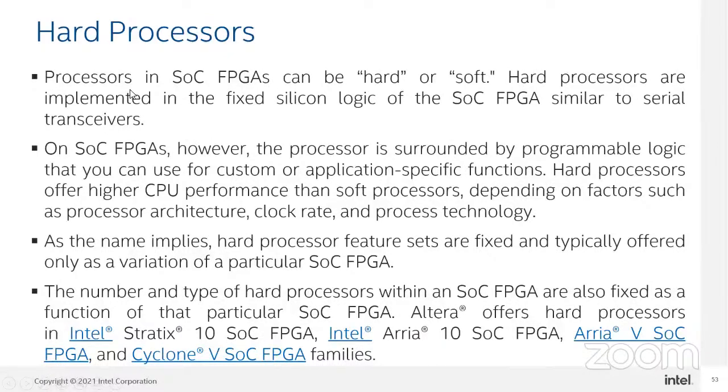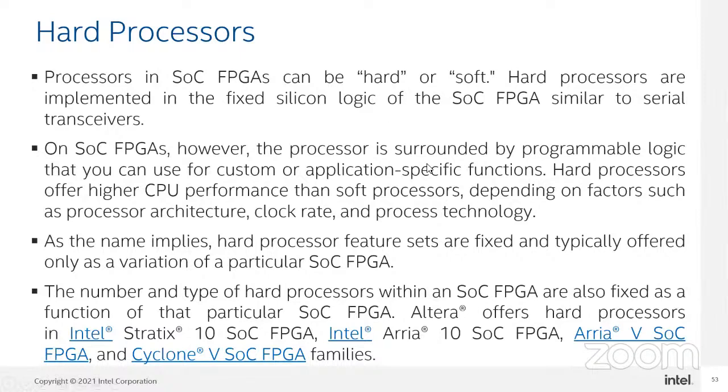Hardcore processors are implemented in the fixed silicon logic of the SoC FPGA, similar to the serial transceivers. When it is a soft core processor, it uses the resources inside the FPGA, whereas a hardcore processor does not use the resources inside the FPGA. Instead, it is a dedicated chip which is immersed inside the FPGA fabric.